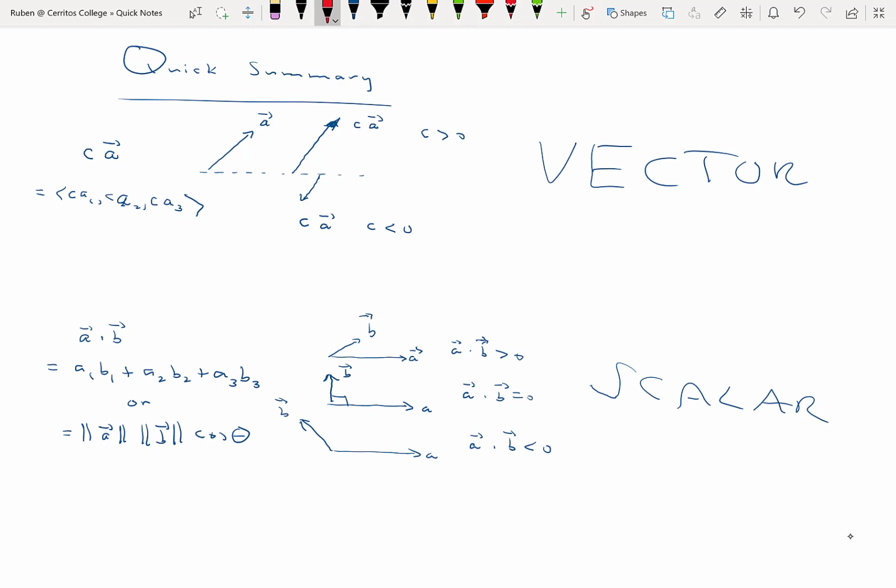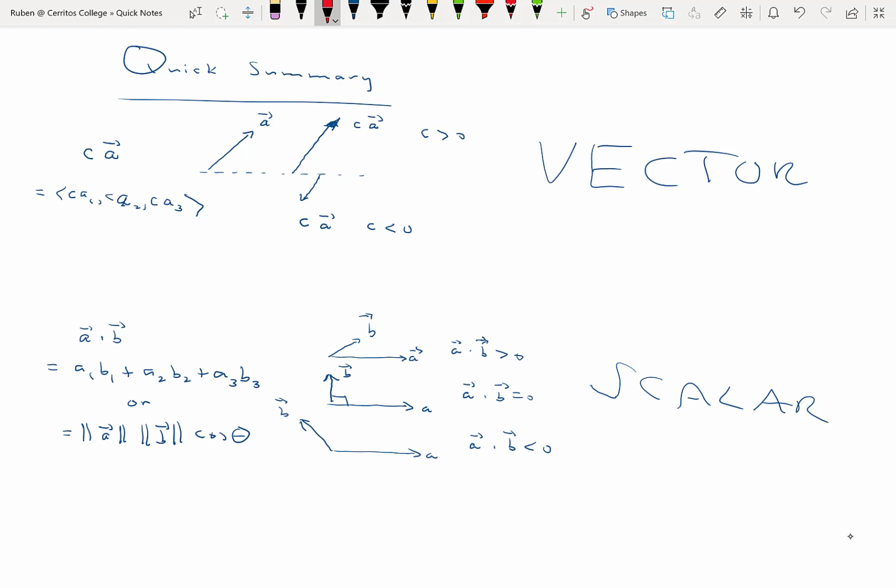So here's a quick little summary. We've looked at two kinds of products involving vectors. The first is called scalar multiplication of a vector. It means scalar C times a vector A, and the result is a vector. The resulting vector depends on whether the constant is positive or negative.